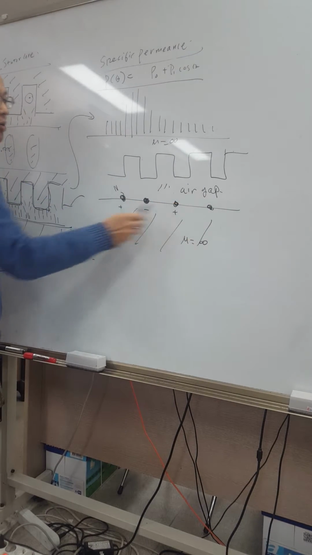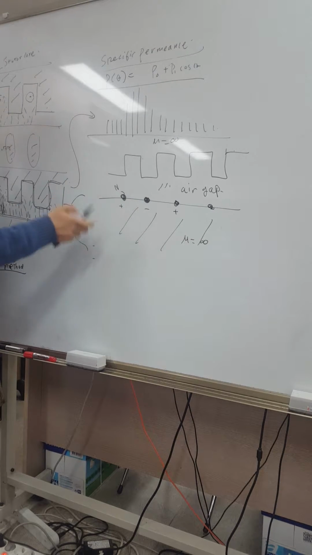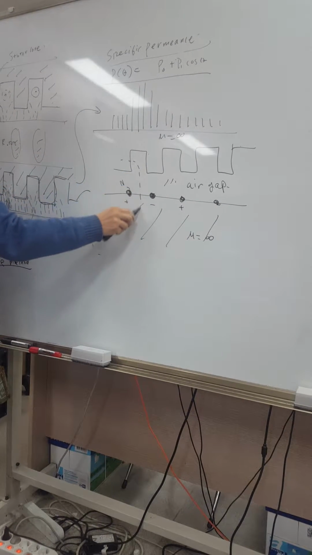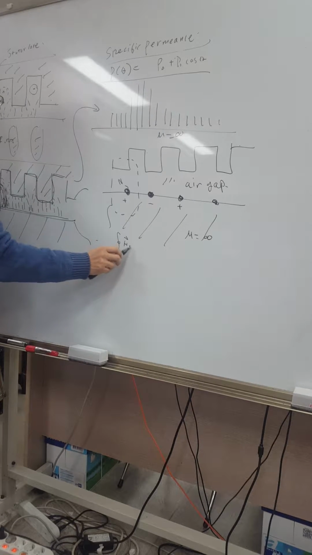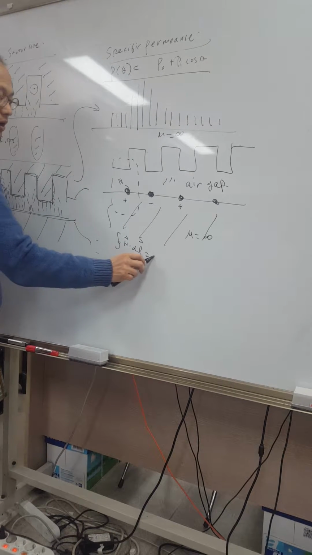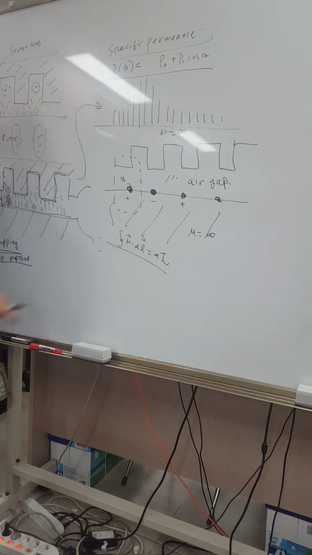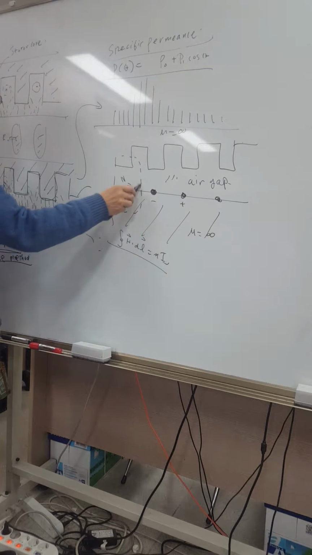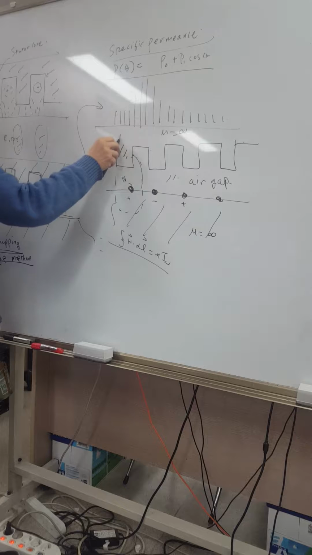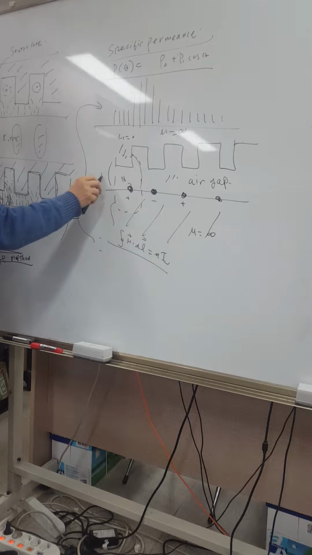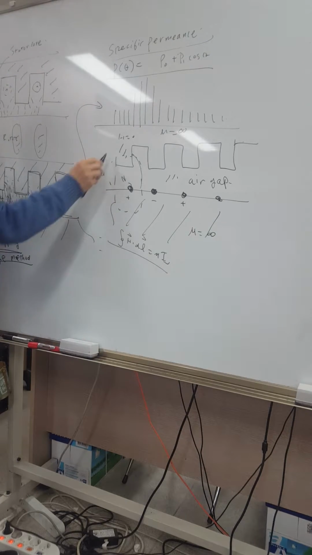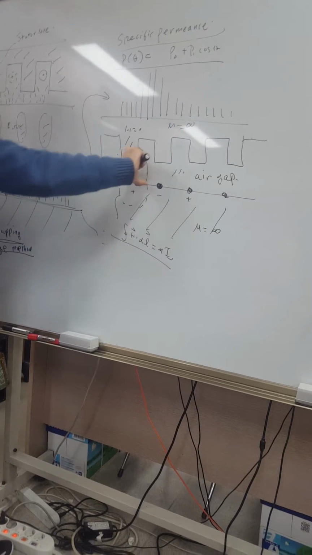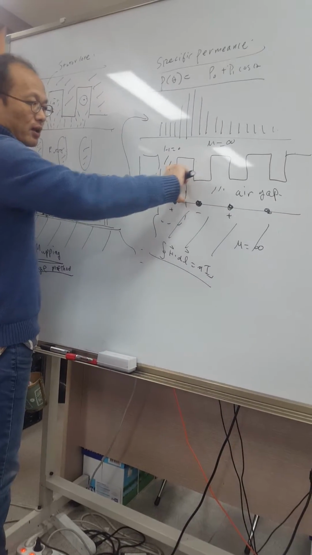So MMF is exact because in some area you can apply the H field as Ni. Here the H field is 0, here the H field is not 0. So MMF is applied to this area and this area.